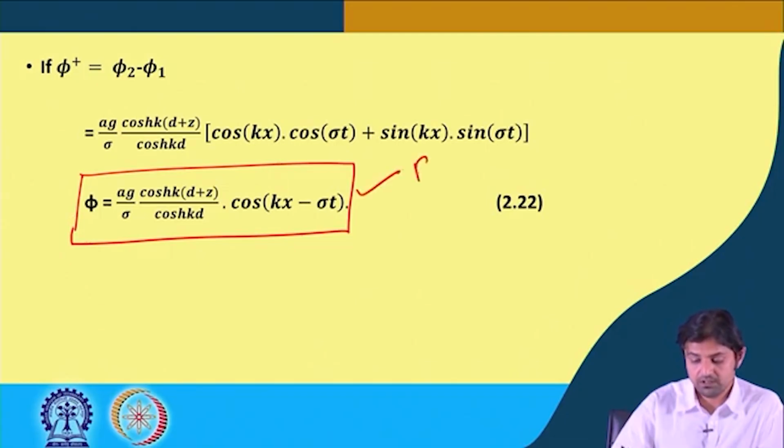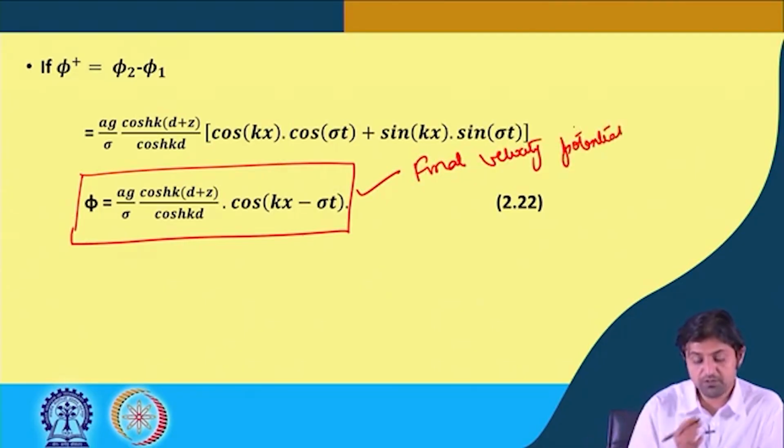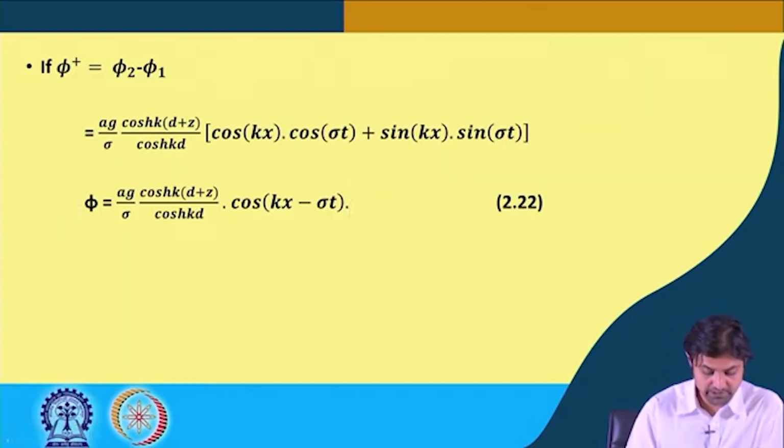This is the final velocity potential. So, now if you see, A is the amplitude of the wave, sigma is 2 pi by t, k is 2 pi by L. So, everything you know. As a function of x and t, we have found out the velocity potential here.